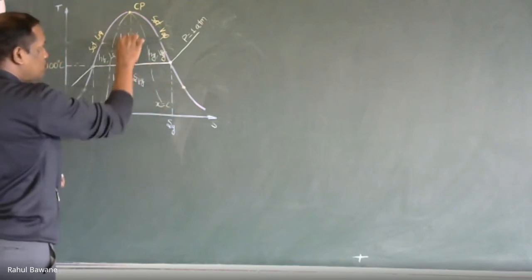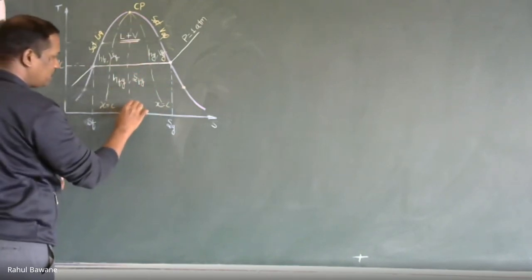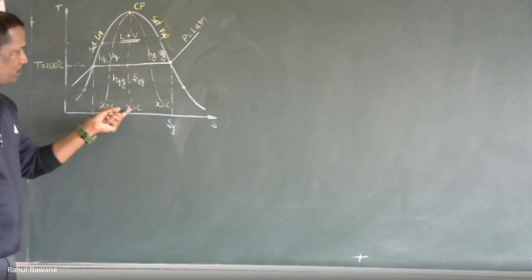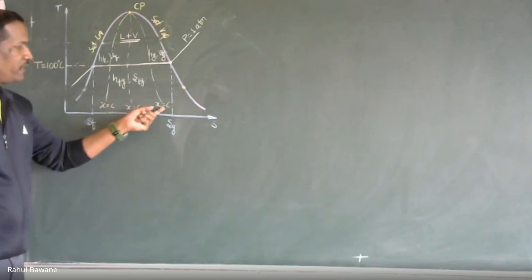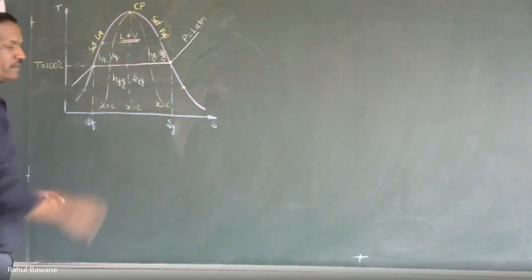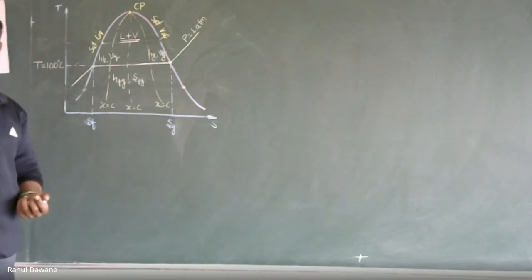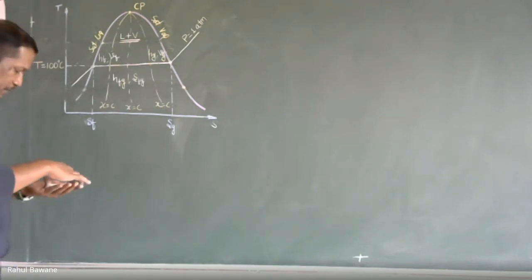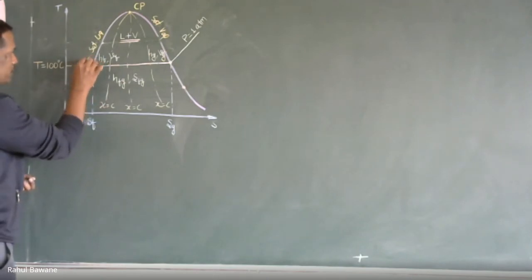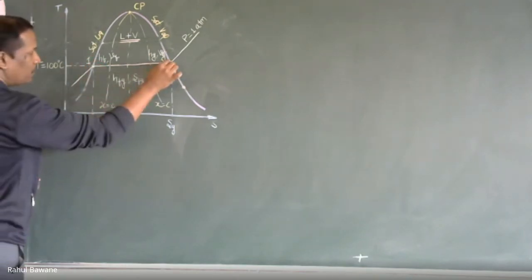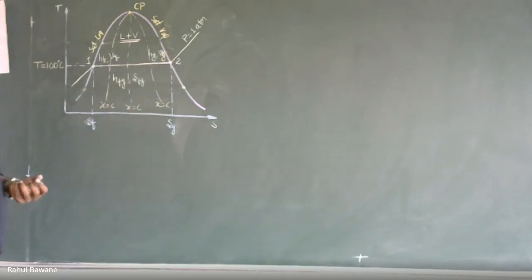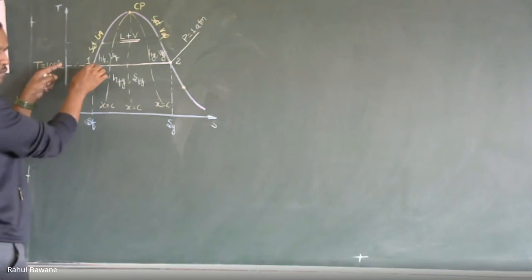Constant. So dryness fraction lines, X equals constant. Here X may be 0.4, 0.6, 0.8, anything, but these are the constant dryness fraction lines. Now when I am talking about this point 1 and this point 2, I am supplying heat.